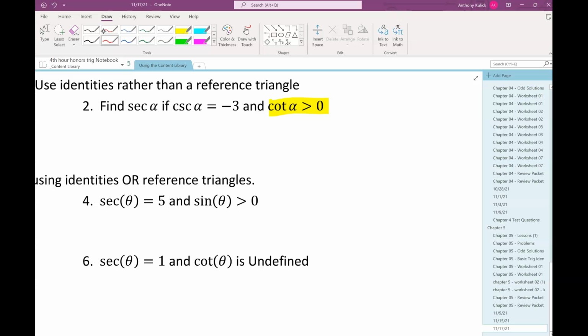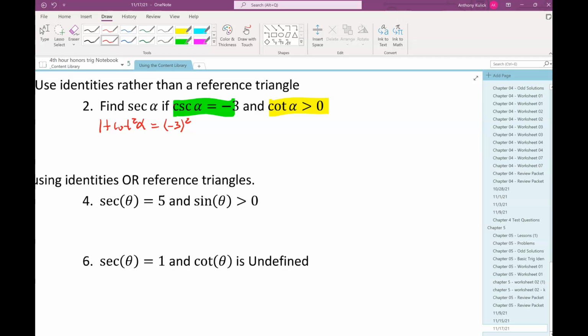So I'm going to go look at the Pythagorean that involves cosecant. So that is P2, and it says 1 plus cotangent squared, I guess we're using alphas here, is equal to cosecant squared. So that's where I'll start.